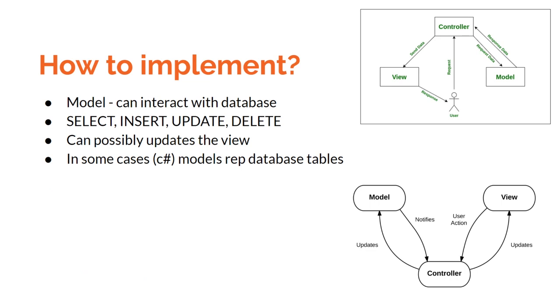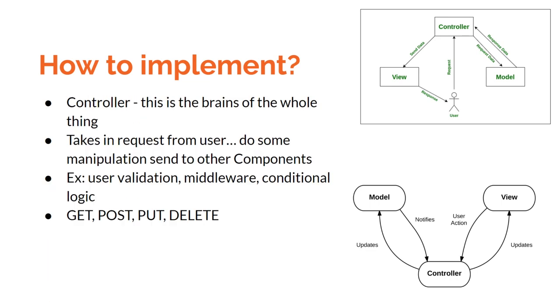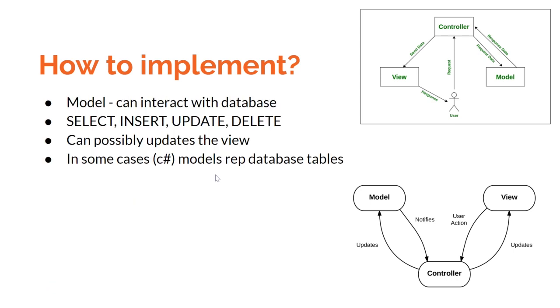And in a controller, you have the logic, like I said before, and you can also have middleware. All middleware is, is something that sits in between, and it gets the request and also gets the response, and it can say, hold up, before I give this data or take this data, let me add some more logic to it.